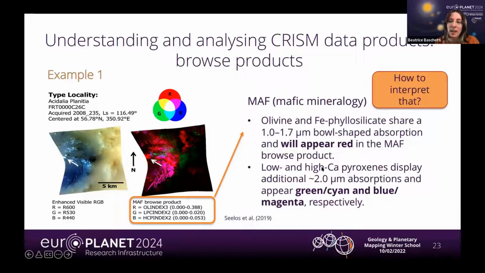And then it says that low calcium and high calcium pyroxene appear respectively green-cyan and blue-magenta. So here, for example, we have magenta color. So we expect to have high calcium pyroxene and maybe low calcium pyroxene here in these green areas.